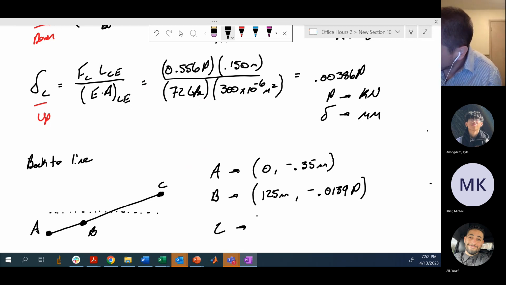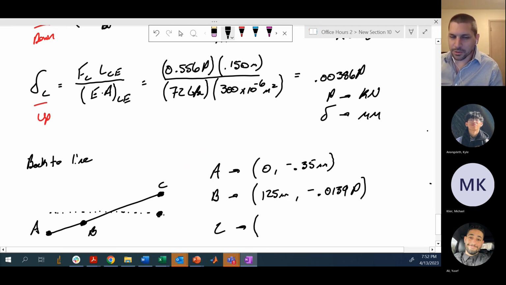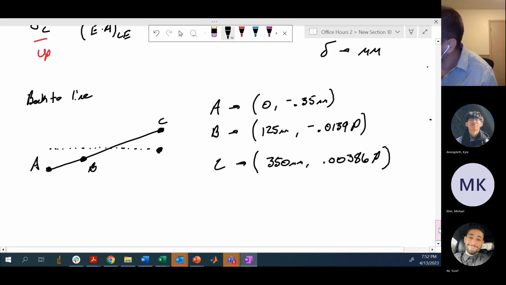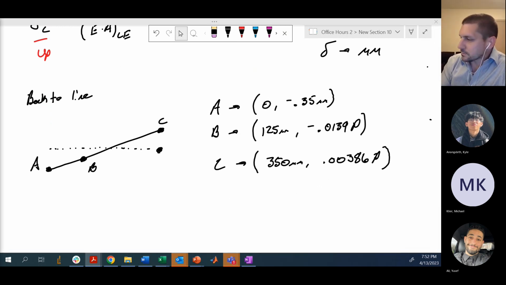Lastly, point C is at this far out x coordinate, which is 125 plus 225, so 350 millimeters. And this is actually up, so we have a positive 0.00386 P for our resultant. Now we just have to work through the equations of a line.